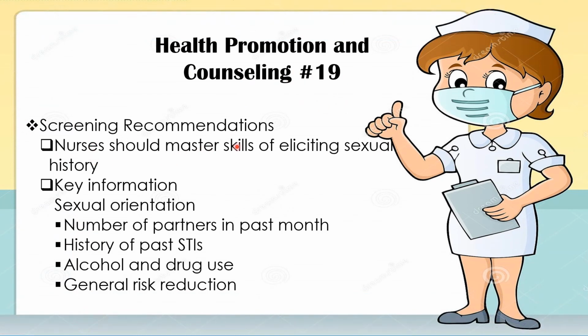Screening recommendations: the nurses should master the skills of eliciting sexual history. The key information includes the number of partners in the past months, particularly in the past 6 months, history of past STIs, alcohol and drug use, especially illicit drugs, and the general risk reduction.